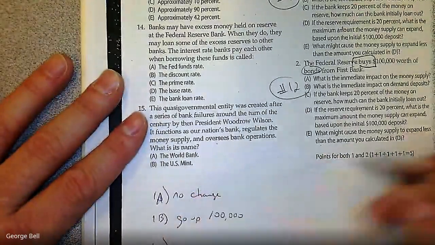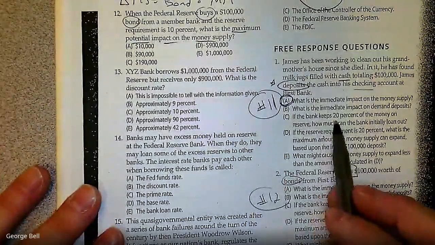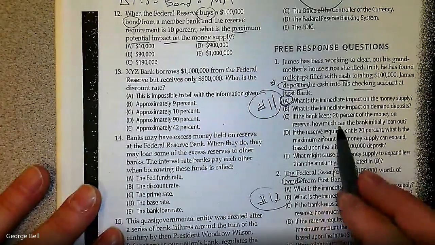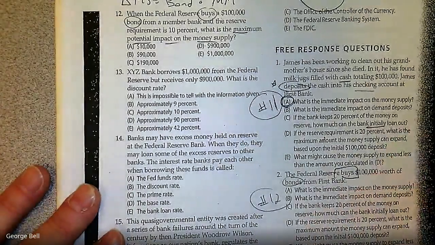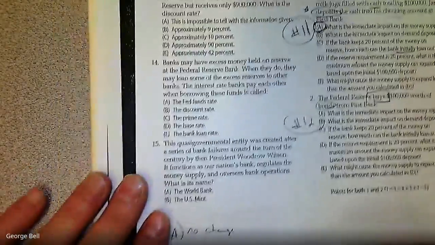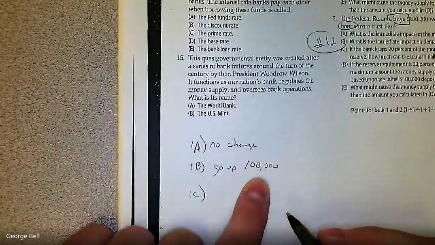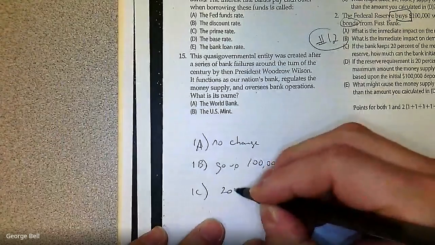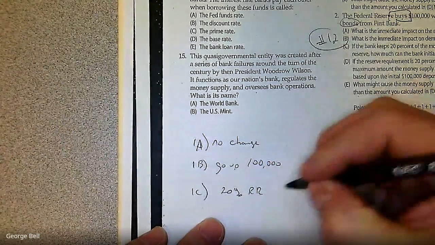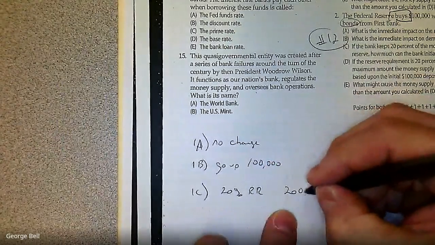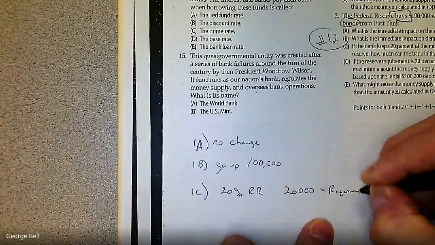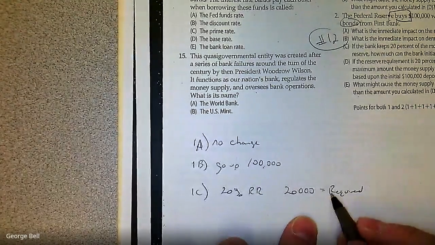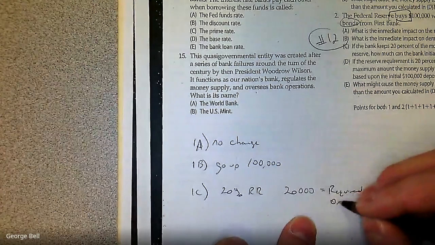1C says, if the bank keeps 20% of the money on reserve, how much can the bank initially loan out? Initially loan out. Okay, so the bank just got a $100,000 deposit, and so if 20% is the reserve requirement, that means that $20,000 of that $100,000 is what we call the required reserve. The bank cannot lend that out. That has to stay on site.